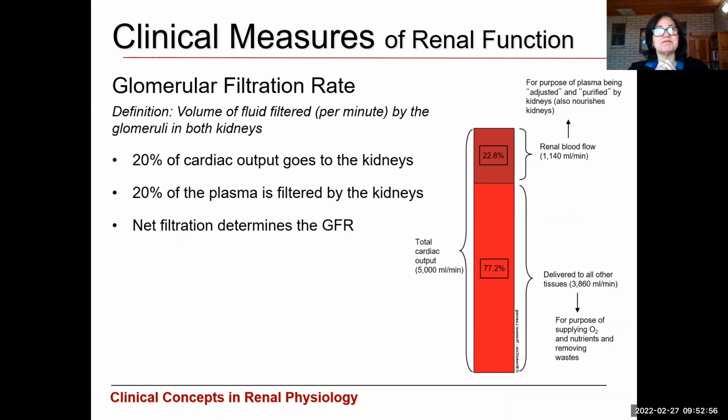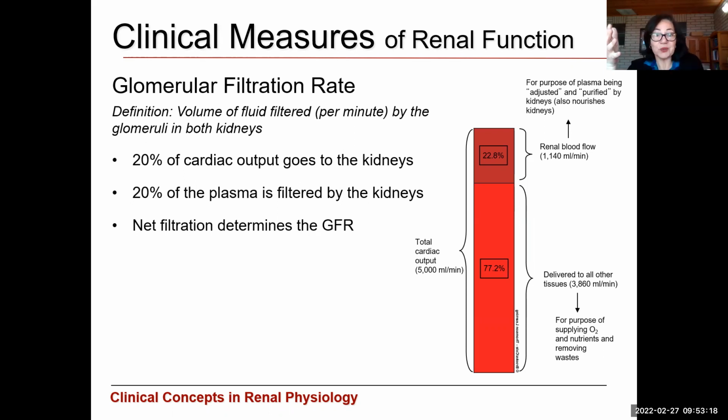Ideally, we would have some way to get into all of those hundreds of thousands of nephrons and actually see how much stuff is coming out through the glomeruli. There is no way that we can actually do that.